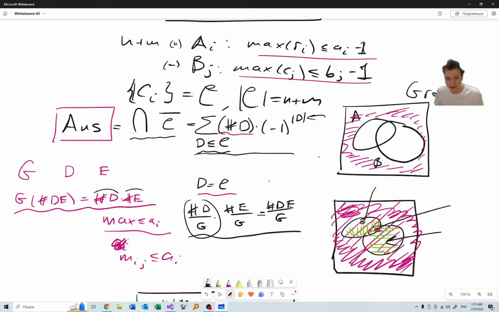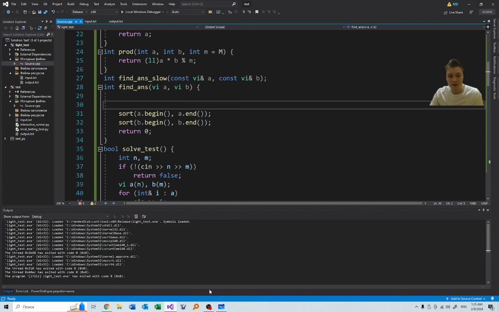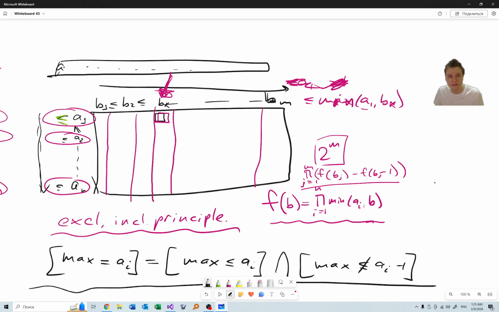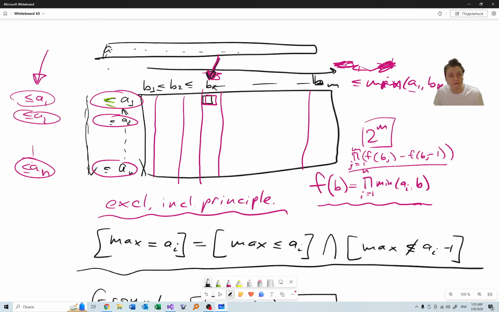And this means that these two events are independent. So their probabilities, their product is equal to the probability of their intersection. And we have it here because what happens in some column does not affect the other columns, conditionally that we have fixed numbers AIs.